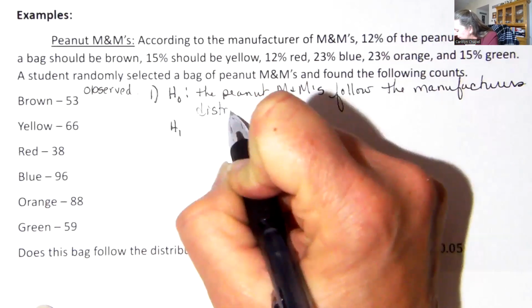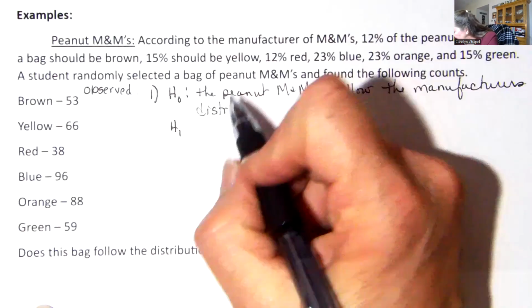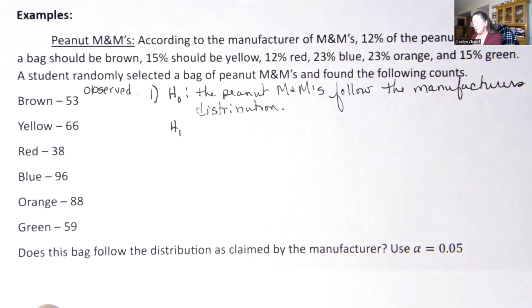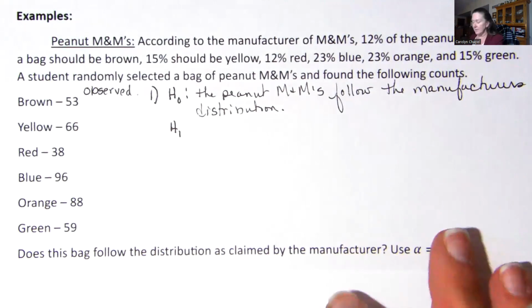In other words, we get that 12% brown, 15% yellow, etc., etc.